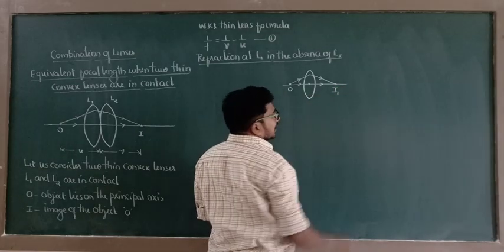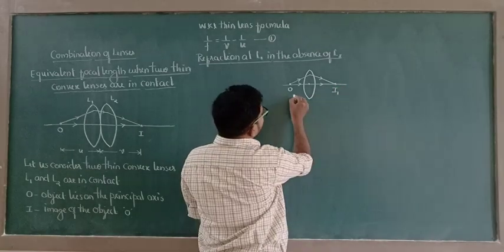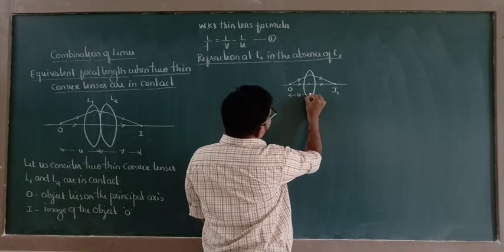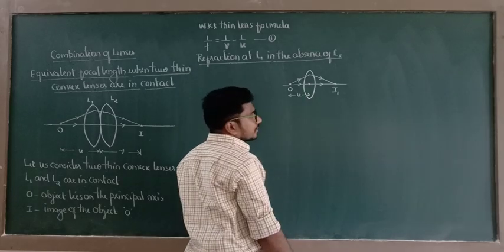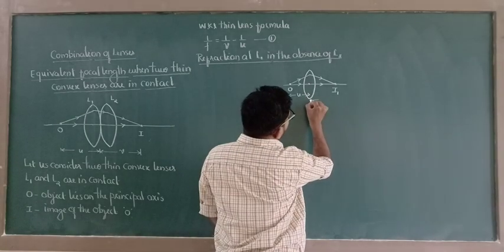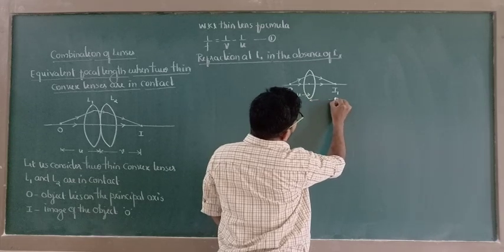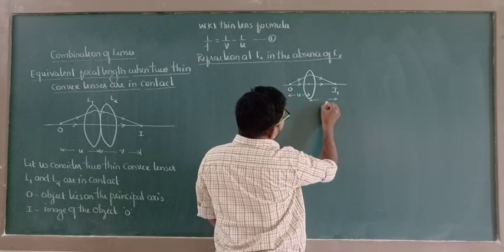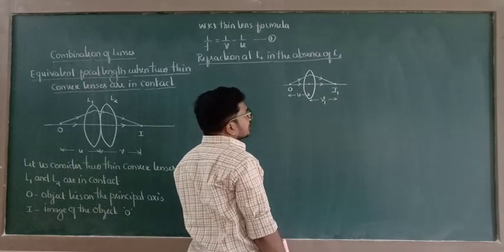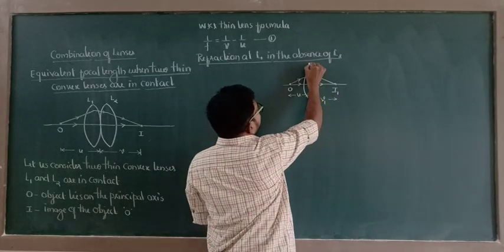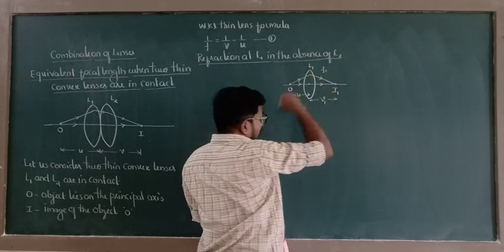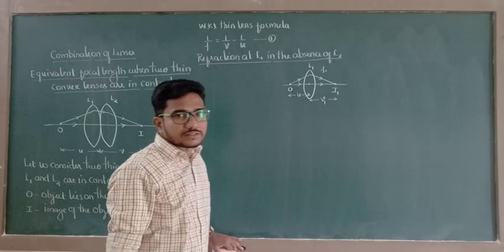Image due to L1 is I1. This distance is object distance, distance between optical center and position of the object. Distance between optical center and position of the image, this distance is image distance. Let us say V1 be the image distance. Here F1 is nothing but the focal length of this convex lens.